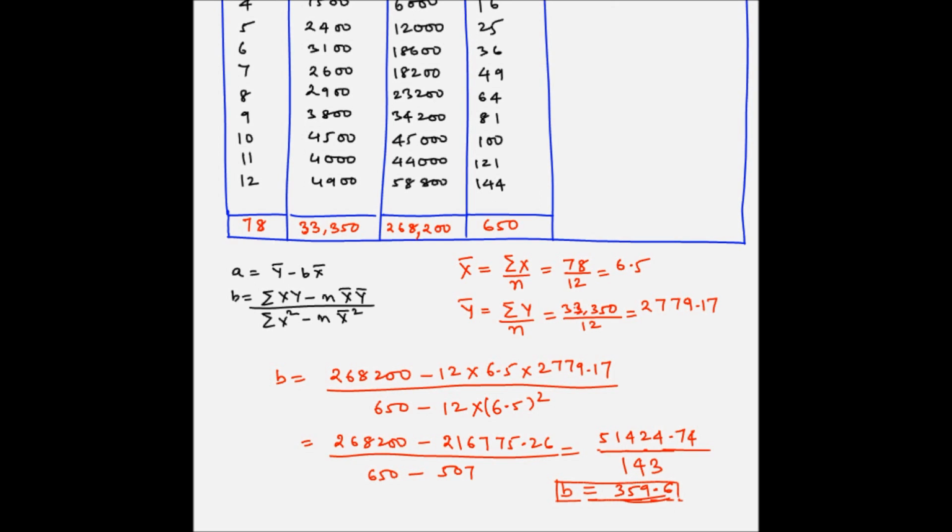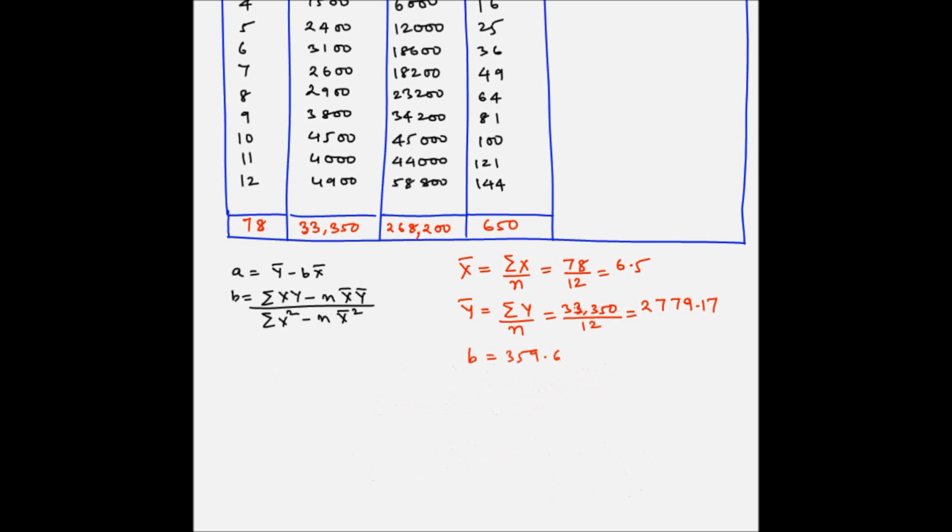Now we can plug in this value into this equation to find the value of A. So let's do that. So A is equal to y bar minus bx bar. Y bar is 2779.17 minus B, which is 359.6, multiplied by x bar, which is 6.5.